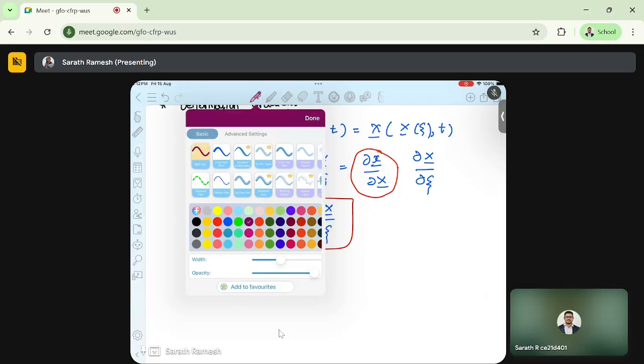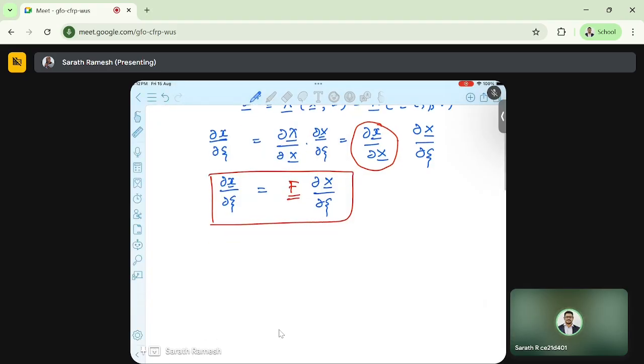Now, suppose we are given in terms of components, how can we write this F? Say we have small x in the current configuration, capital X in the reference configuration. F will be equal to dou small x by dou capital X, dou small x by dou capital Y, and so on.